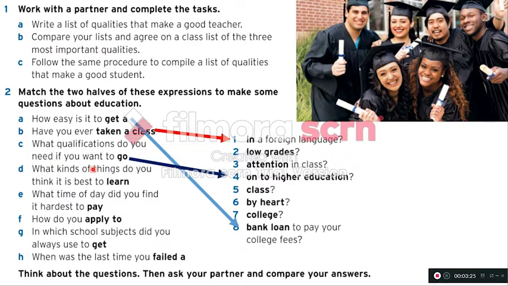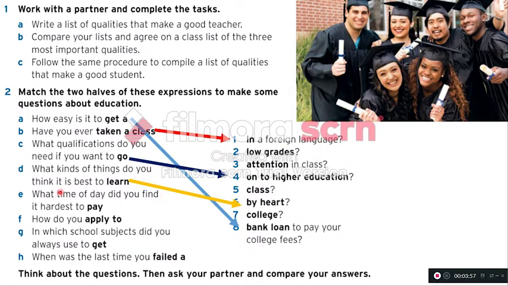Very good. When you move from high school to university, for example, we say that you go on to higher education. Then, what kinds of things do you think it is best to learn by heart? Remember, to learn by heart is the same as saying memorize. They're synonyms. Memorize something and learn something by heart is the same.